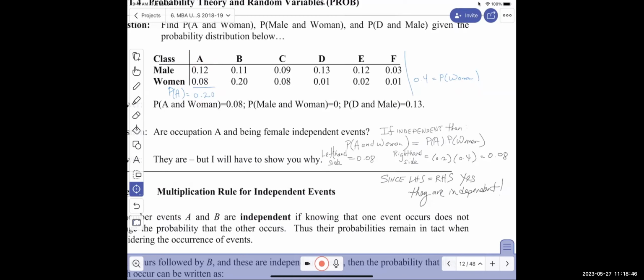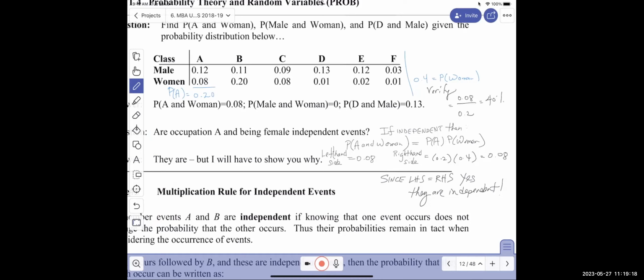That's what you're checking, that the probability of being a woman in class A doesn't change from 40%. Yes, it is 40%. Exactly.